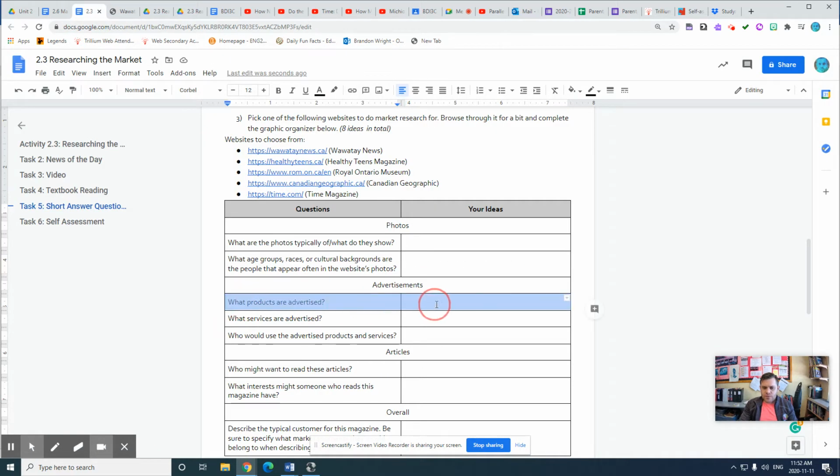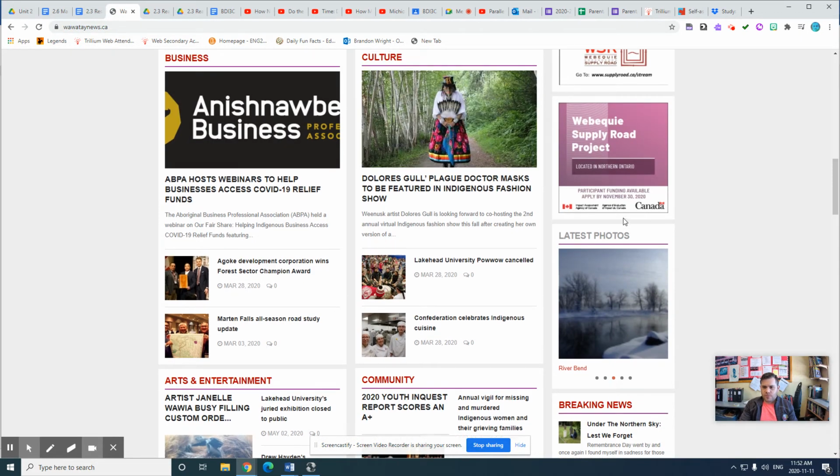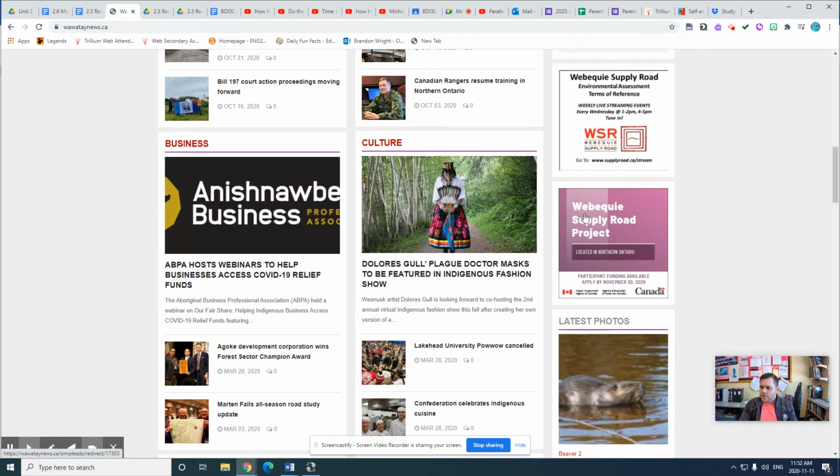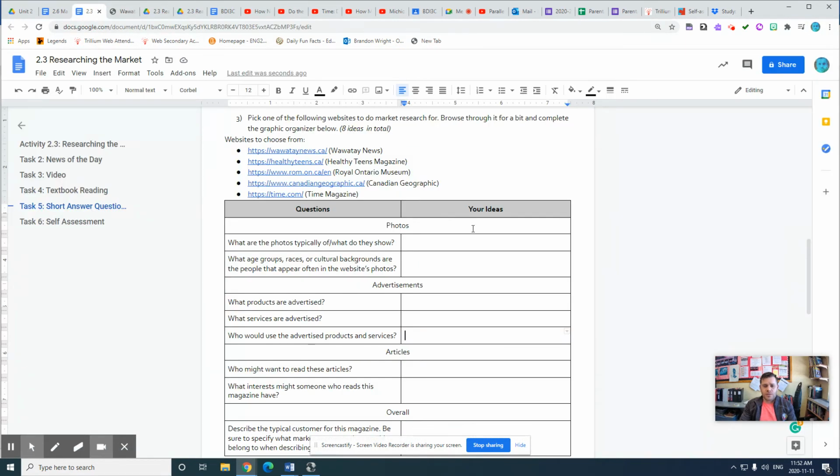The advertisements, see what ads are being advertised. Tell me what products and services are being advertised and who would use these products and services. So this is for Webequay Supply Road Project. Now, a supply road, that will be a service.